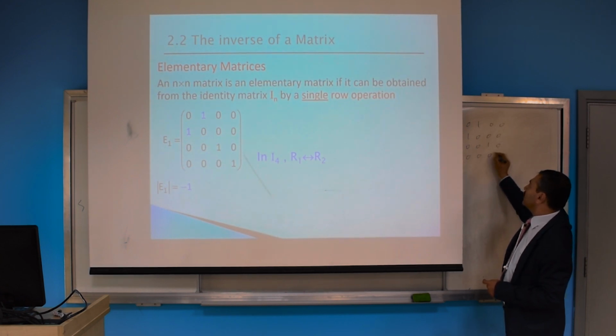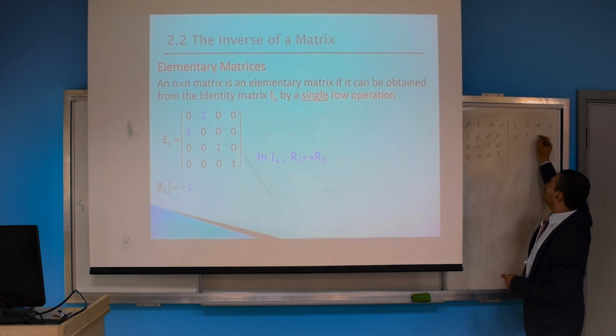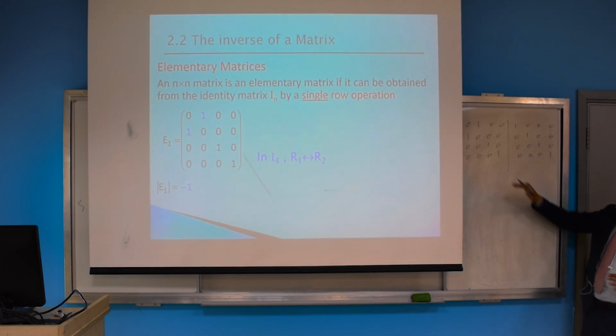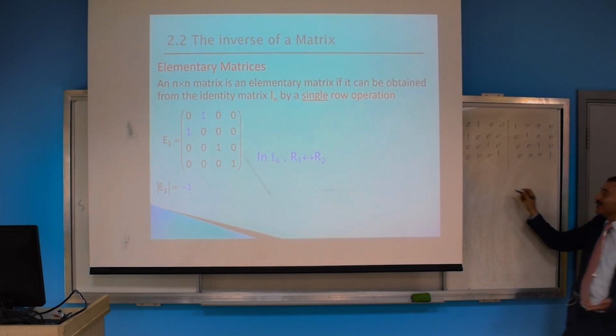I will augment this matrix with the identity. Right? And then I'll apply row operation until this guy reaches I. How to get I from this guy? Change the first two rows. Right?